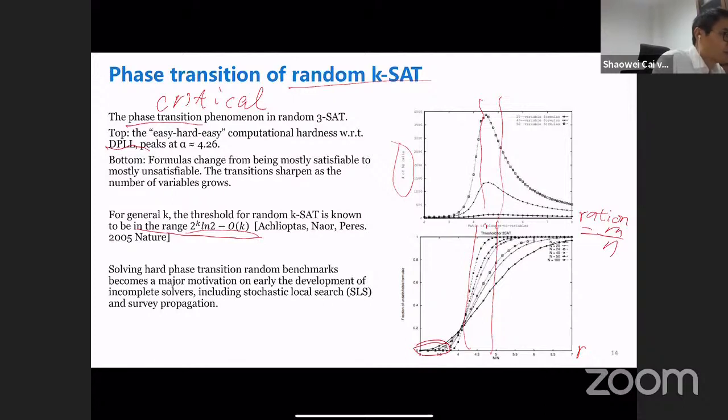So after the 1990s and about 2000, stochastic local search and survey propagation from physics were developed to find efficient algorithms to solve these hard benchmarks. So when we read the literature, we will find that early works about incomplete algorithms focus on solving the benchmarks from this phase transition.